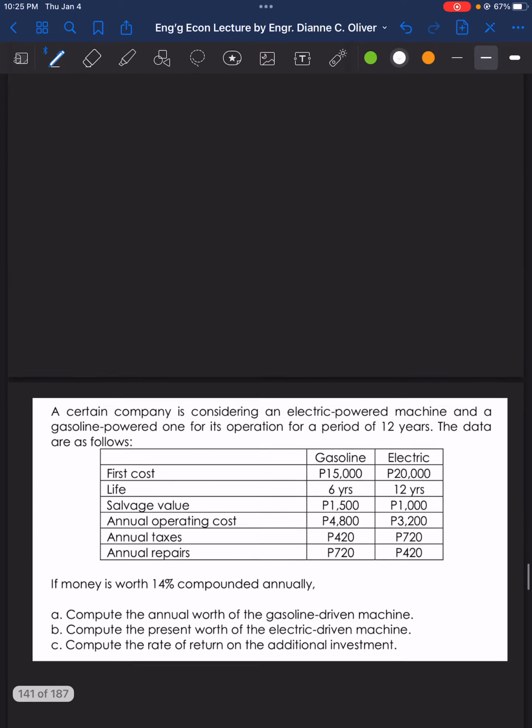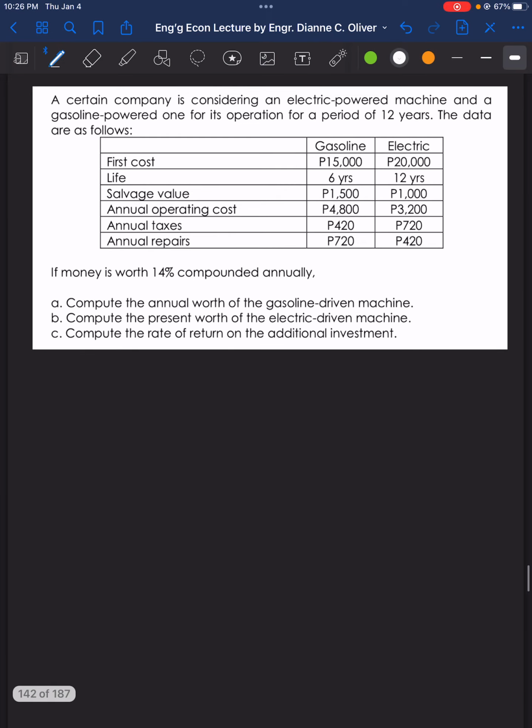Okay, so let's go to example number 2. A certain company is considering an electric-powered machine and a gasoline-powered one for its operation for a period of 12 years.